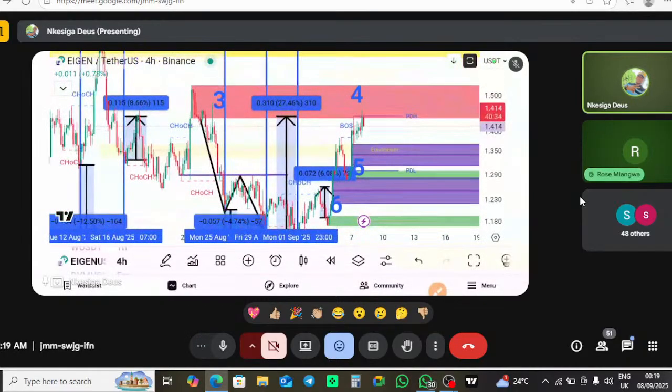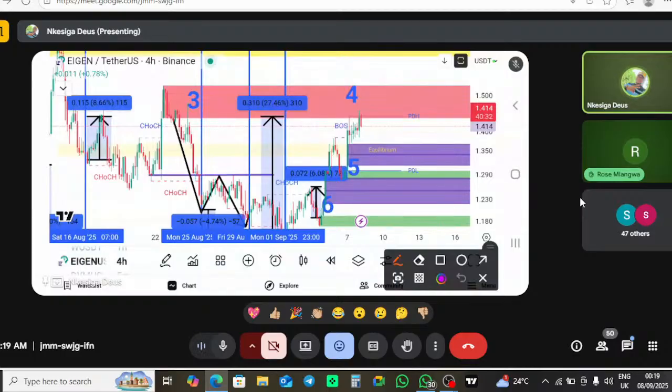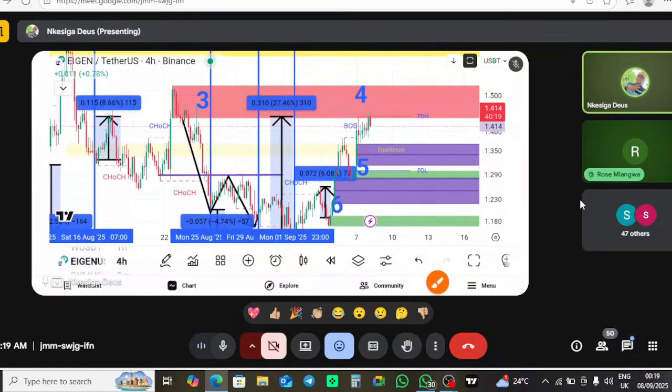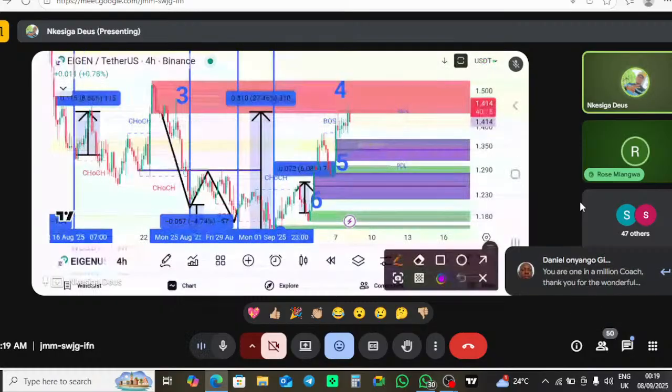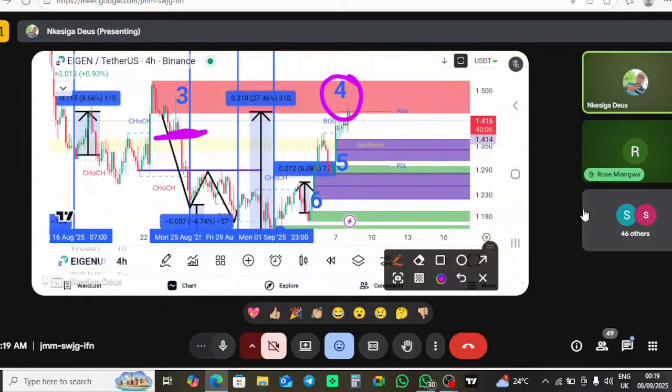Now when you observe number 3 very well, the block was formed here, but you can see this candle coming back in the same area and again followed by the rejection candle, the bearish candle. You get a point. So the wise ones here could short the market, but the best point to short the market is at number 4.